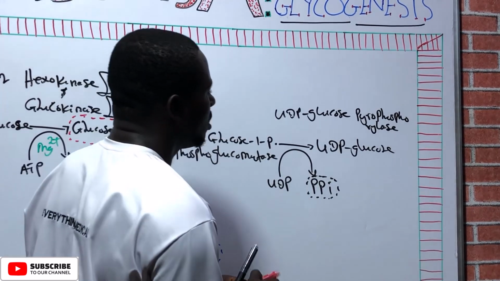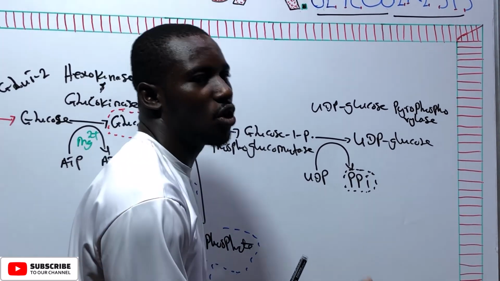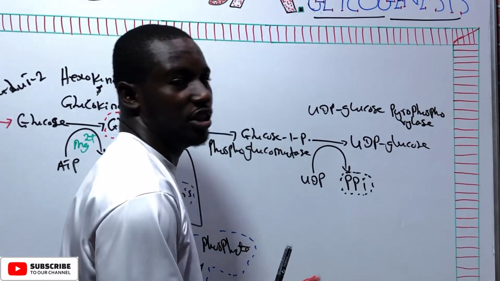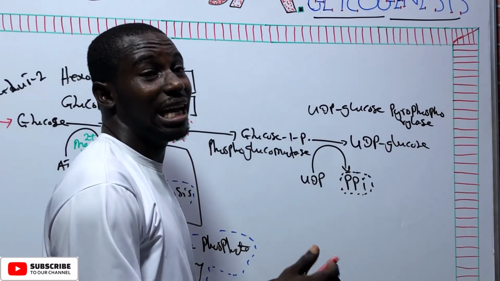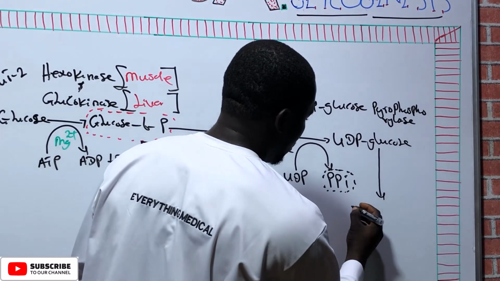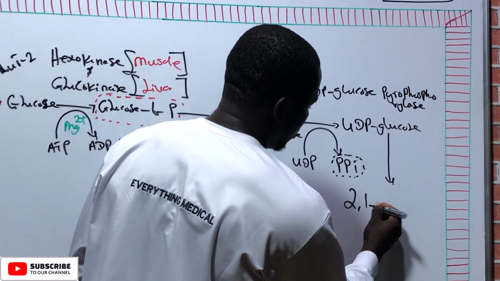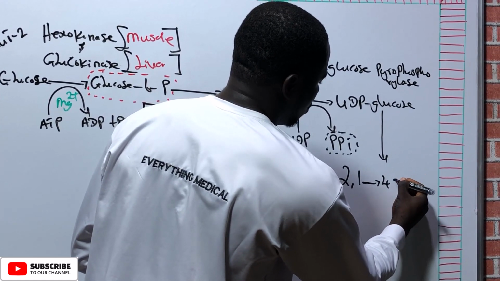Once our UDP-glucose has been generated, we are going to generate the elongation, or the straight chain of glycogen, before forming our branching chain, which is catalyzed by a branching enzyme. We generate alpha 1,4 glycosyl units.